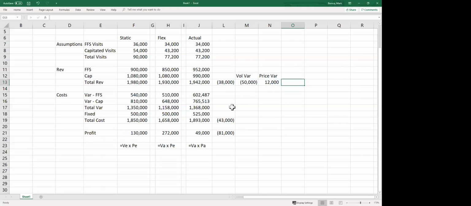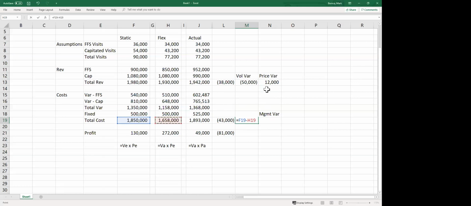So that's good. Next, it asks us to break cost variance down into volume variance and management variance. So volume variance, again, is going to be the static variance minus the flex variance. Why? It's flip-flop now, right?